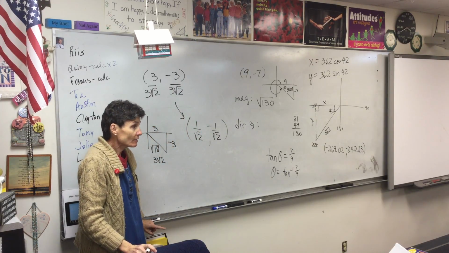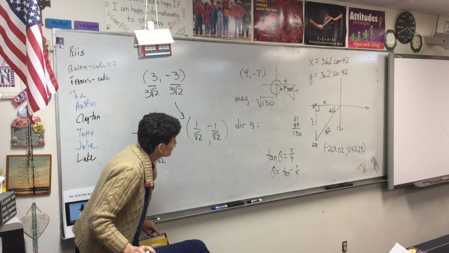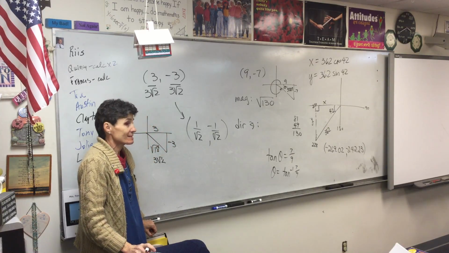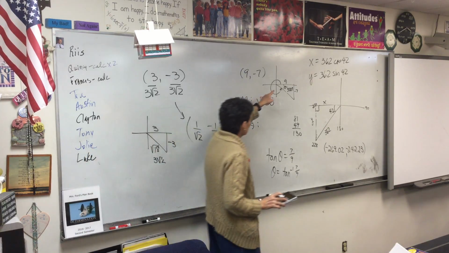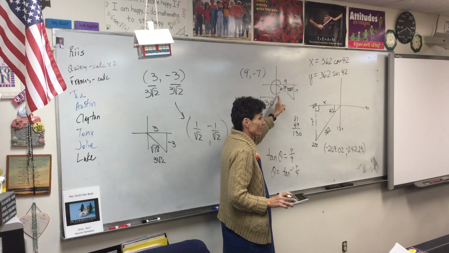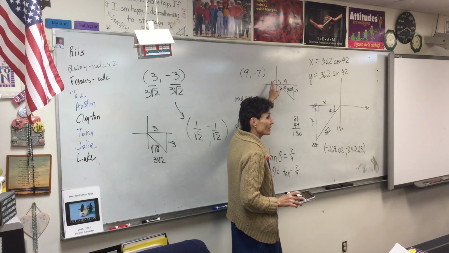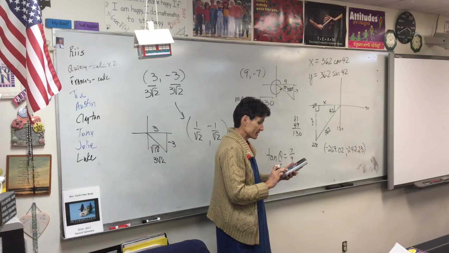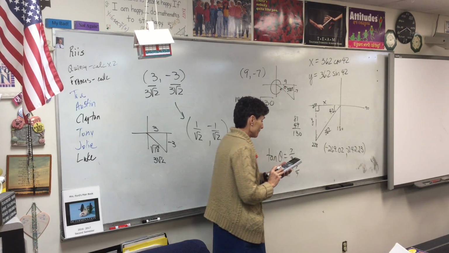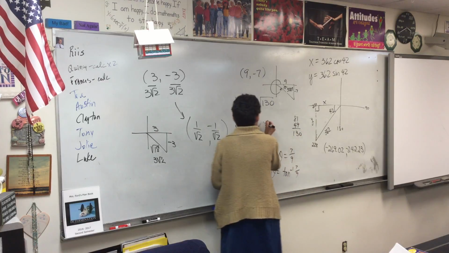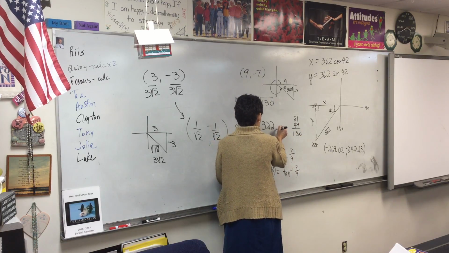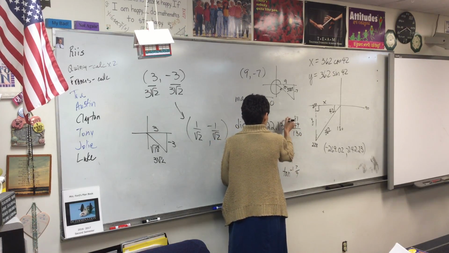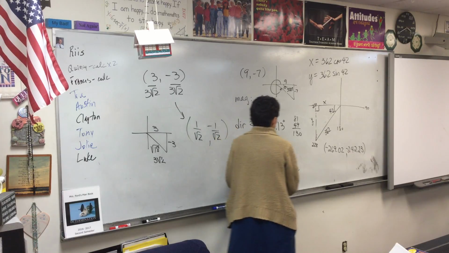Now, that angle, 37.87, is not the direction angle. Remember, this is the direction angle. So how are we going to find that number? Subtract it from 360, yep. And the direction angle is 322.13 degrees.